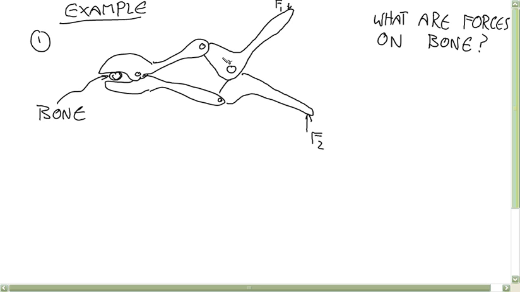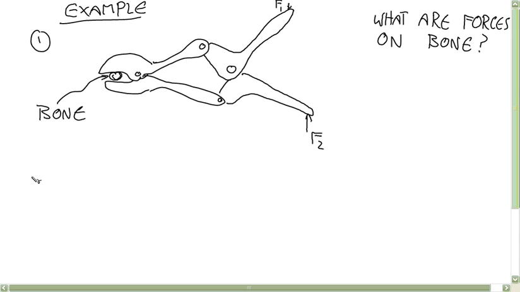You're going to have to isolate possibly the whole thing, in addition to treating this as a free body, this as a free body, this, and that's the kind of thing that we're going to be working on.